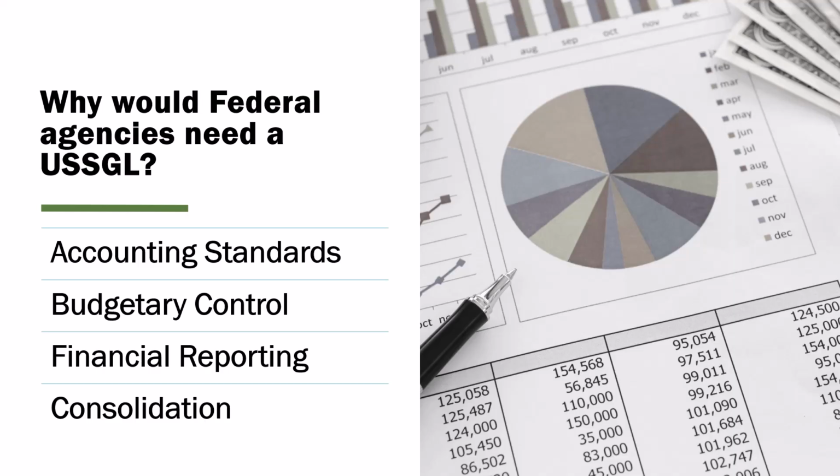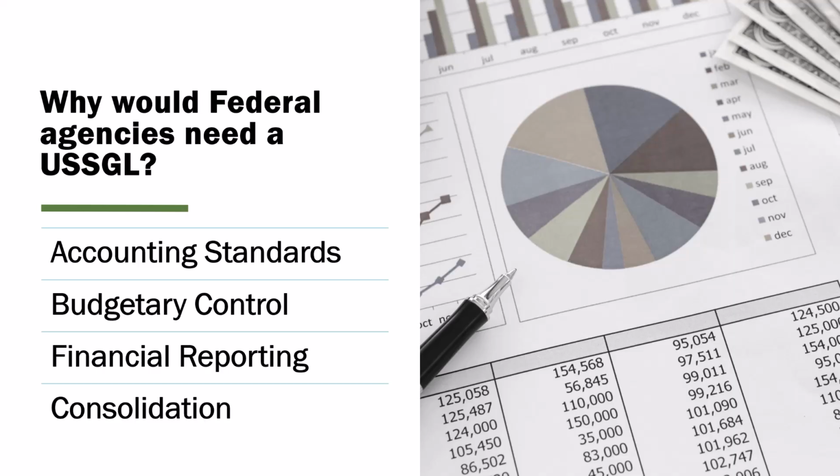Another unique requirement of government accounting is budgetary control. If you remember from your high school civics class, the legislative branch, or Congress, sets the budget for the U.S. federal government, and the executive branch executes this. Well, the legislative branch needs to have accurate and reliable budgetary reports and controls to see how the executive branch is executing what they've set.